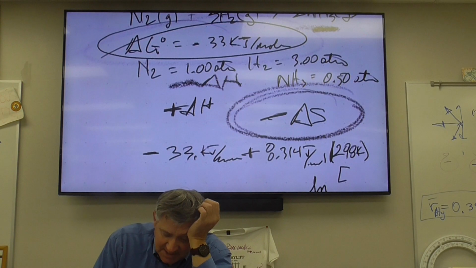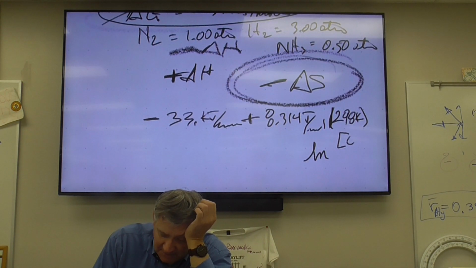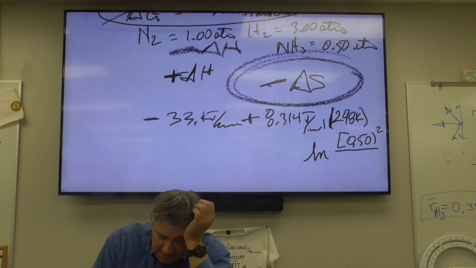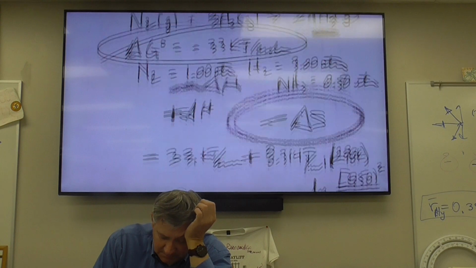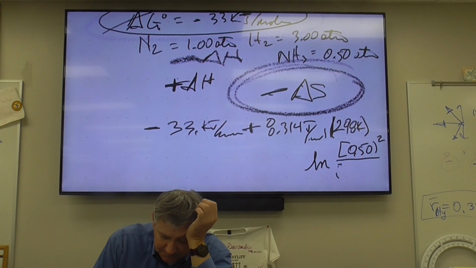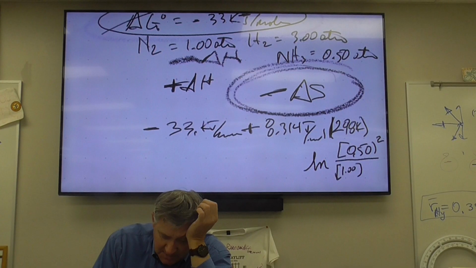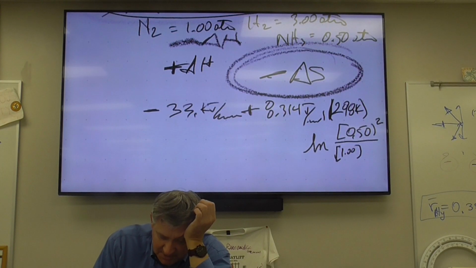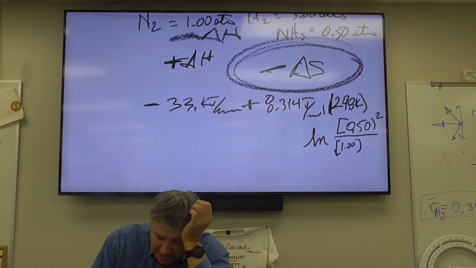So my NH3 is gonna be 0.5, but that's gonna get squared. And then you've got your N2, which is 1, not a big deal there. And then your H2, which is 3, but that's going to get cubed.